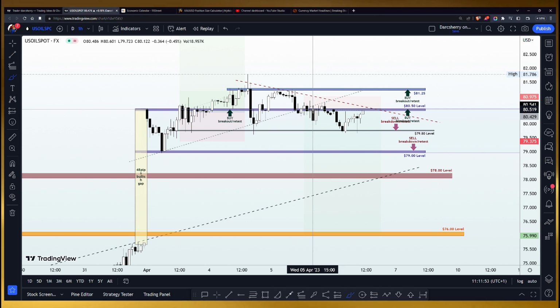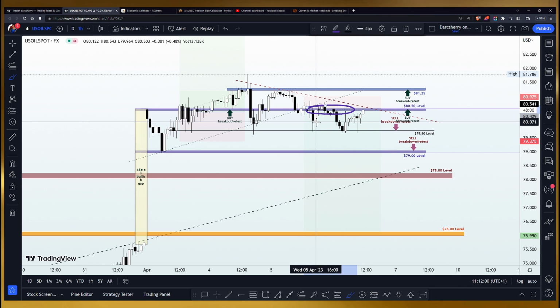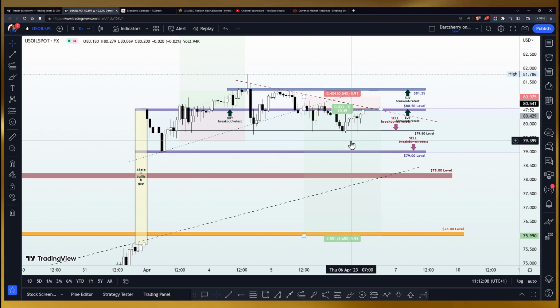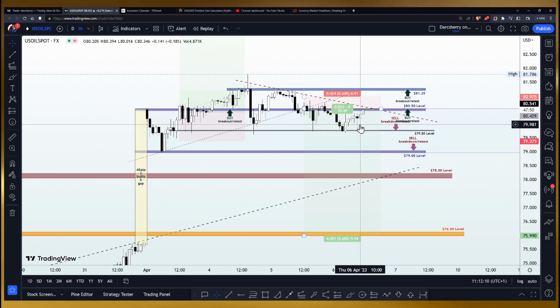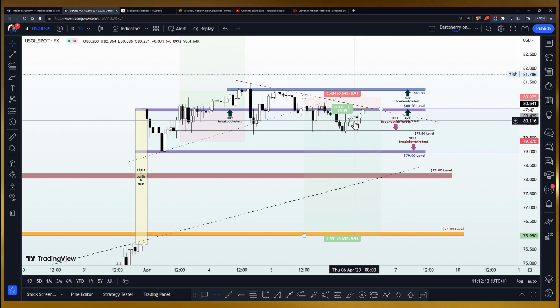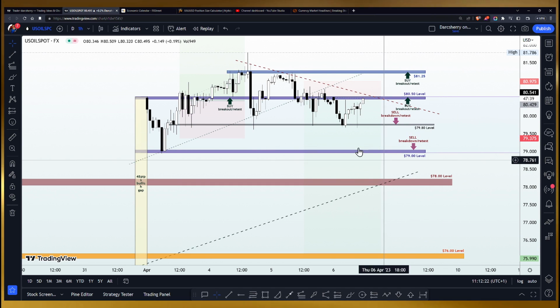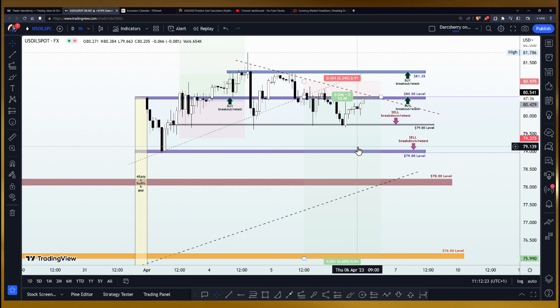And we saw that breakdown happen during the live session yesterday, and since then price action has been trading below the $80.50 level, and we saw price action move about 80 pips in our direction before we saw this bullish momentum begin again. At this point in time, I hope you moved your stop loss accordingly to secure the sell position, and if you had done that, you would have been taken out of that position at worst-case scenario at break even.